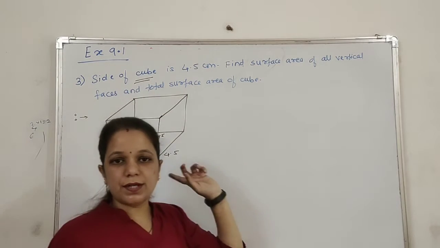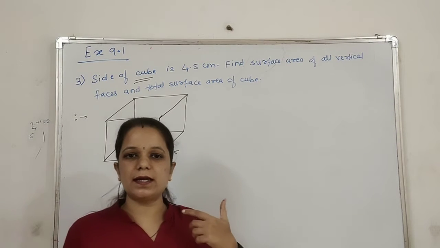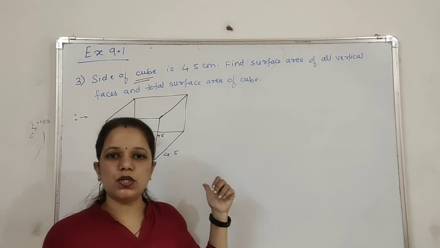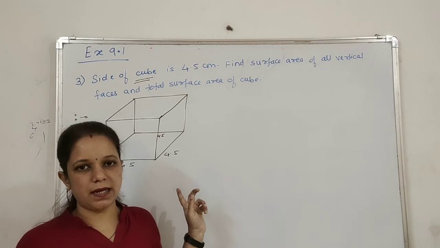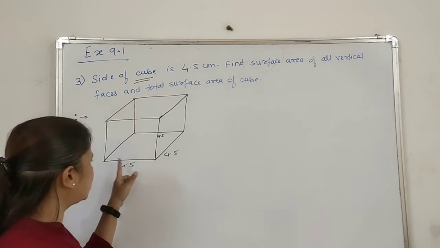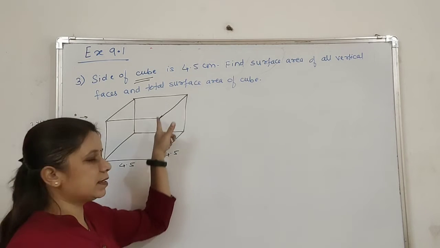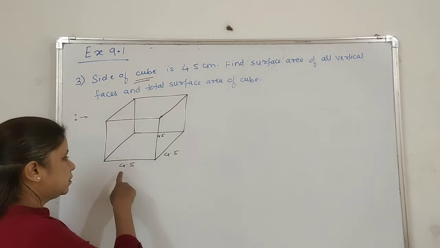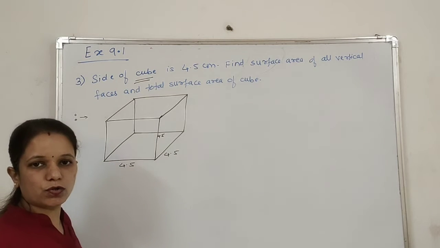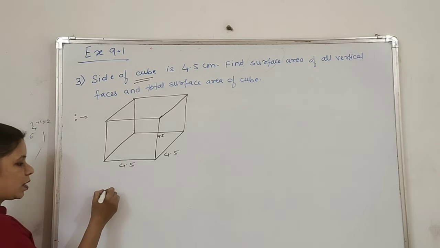Cube. So the 3-dimensional figure is cube. When it comes to cube, you should quickly remember that for cube, all the dimensions are the same. Okay. So length is the same as breadth, is the same as height. All the 3 dimensions are the same for cube. So here I have drawn a cube with the same dimensions. So let us note it down.